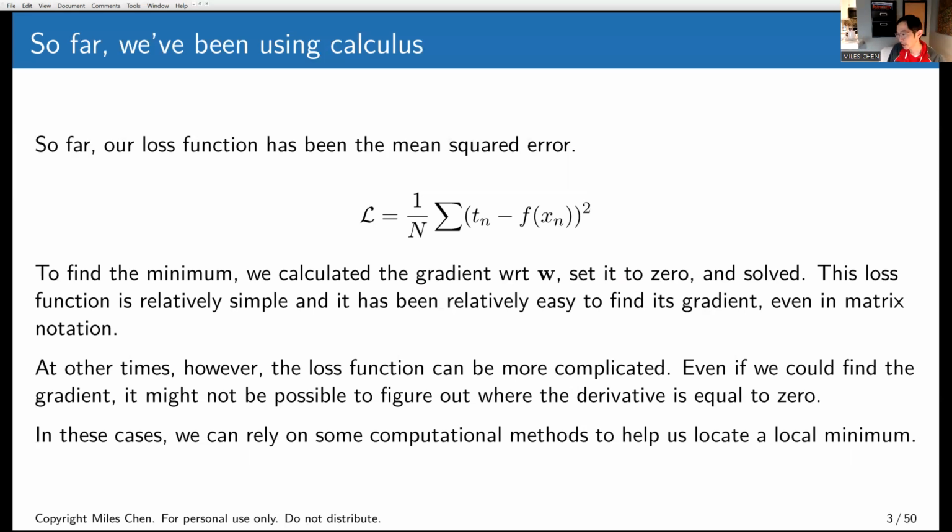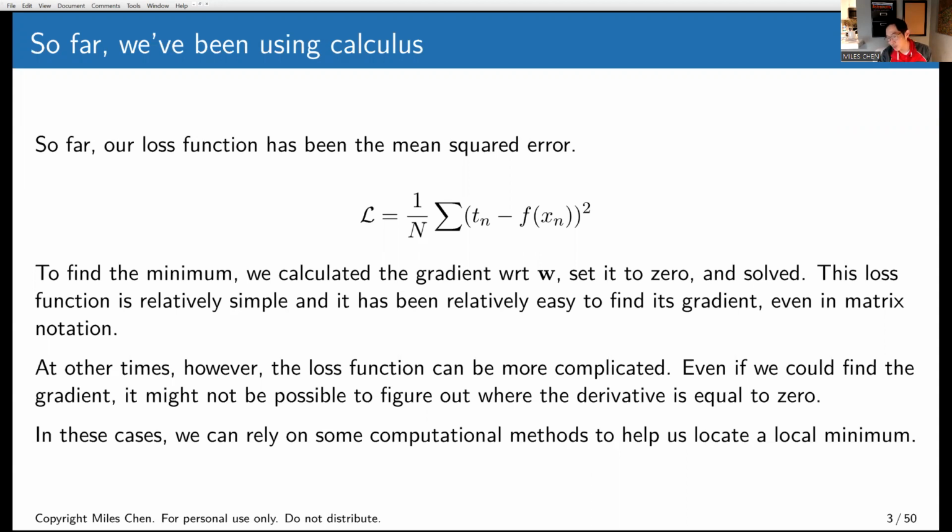All right. Sometimes the loss function can be more complicated. You might still be able to find the gradient, but setting that gradient equal to 0 and solving for W could become an intractable problem, or just a really tough problem.